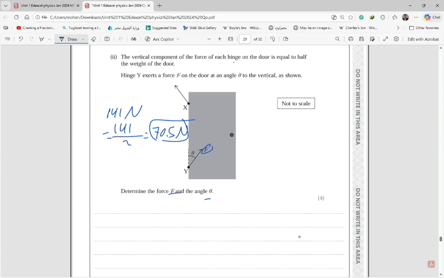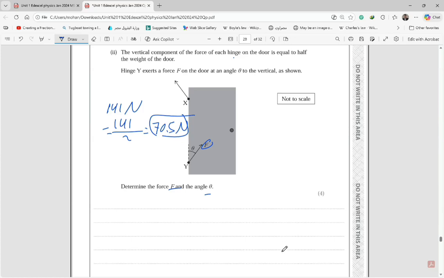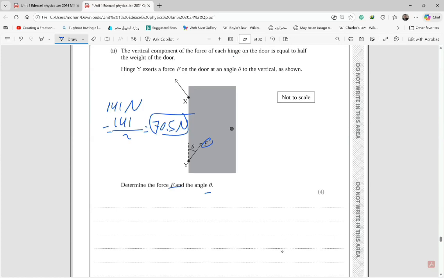Look here. It is very easy. The weight again is acting downwards. These two hinges are supported by an upward force, so this one is 70.5, and this one is also 70.5 Newton.